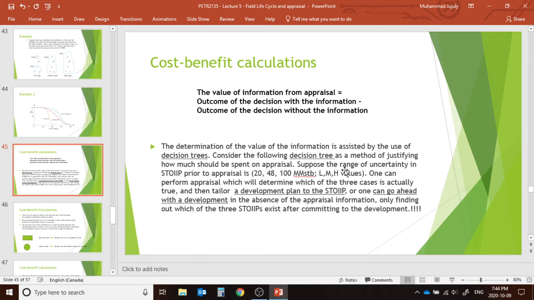In that case, we have three choices. So for instance, we have a natural oil and gas reserve, and we have a range of uncertainty, like the low, medium, and high value.